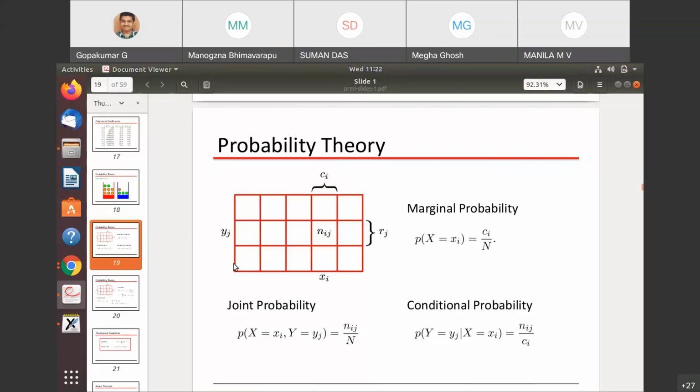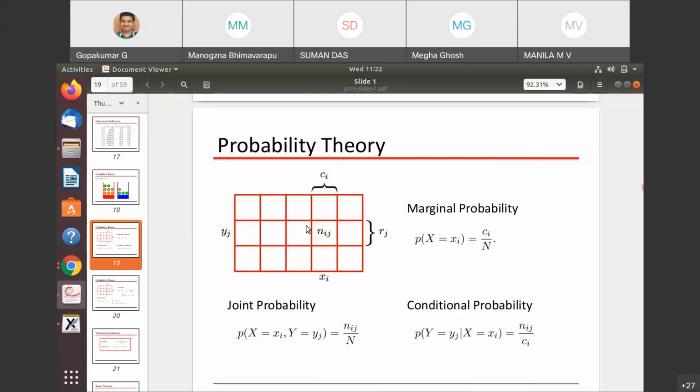It can be y1, y2 and y3, whatever is the case. And the total number for xi, with respect to the random variable x, is ci, that is the count of the cases where the random variable x takes the xi value.